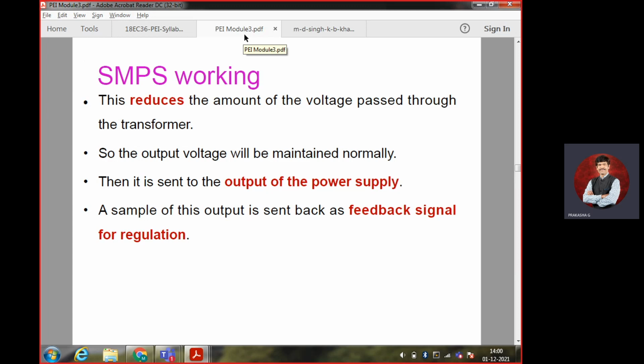Initially I'm getting 5 volts at the first step, but 5 volts is not sufficient. It's not my output. So what I will do is feed the same 5 volts back to the circuit. In addition, the input has also been given, and this first output of 5 volts is added to it, and that goes inside to the feedback once again. That will regulate, and finally you are going to get a final output.